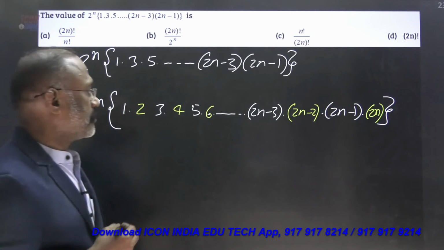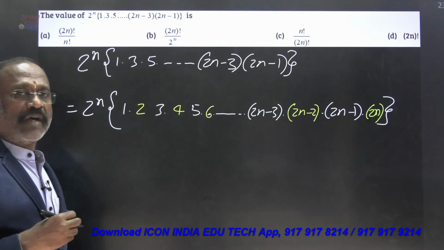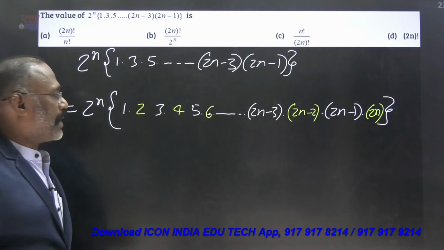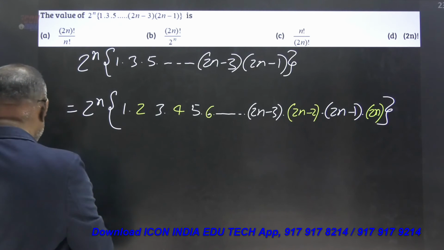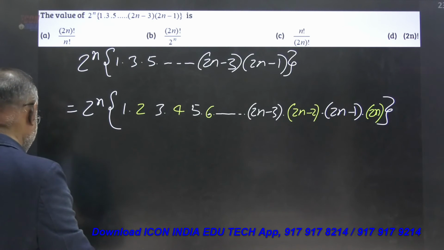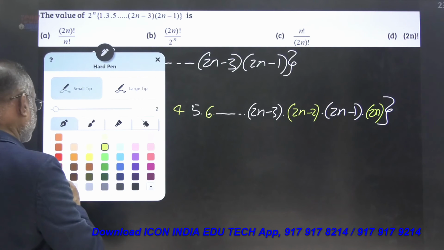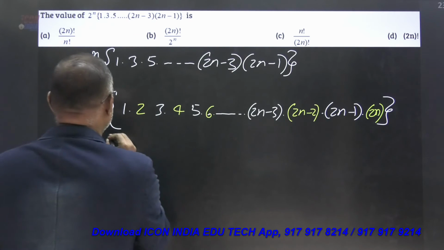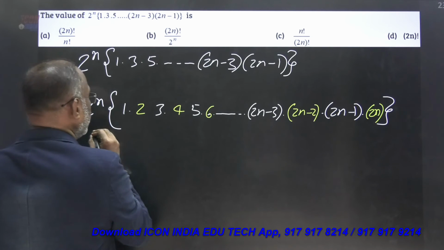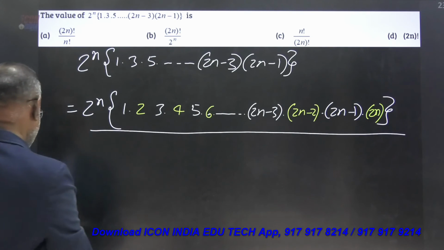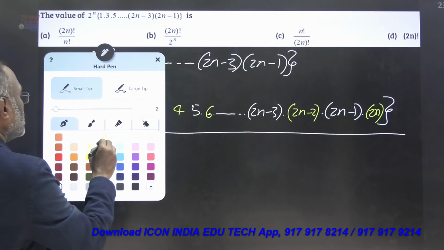Check it out, please. I want to make it a factorial. That is why I supplied missing factors. Now, whatever factors are missing here, I have just multiplied and now I'm dividing with it. What are the missing factors there?